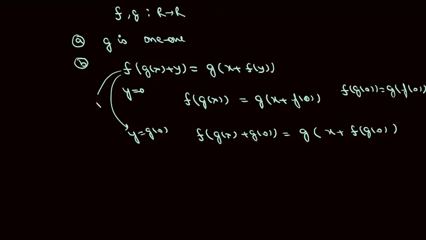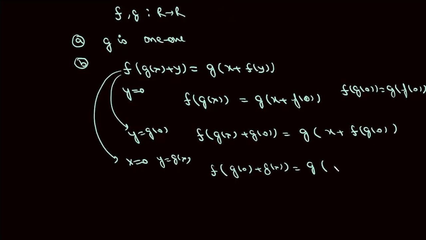And in this equation, if we put x as 0 and y as g(x), we get f(g(0) + g(x)) will be g(0 + f(g(x))). So we can compare these two.